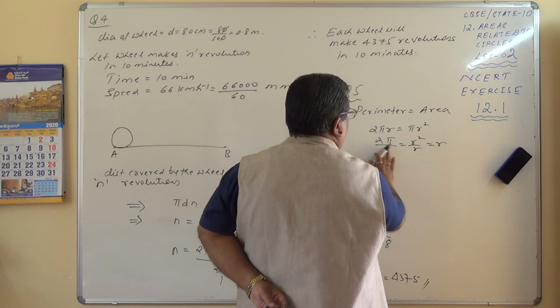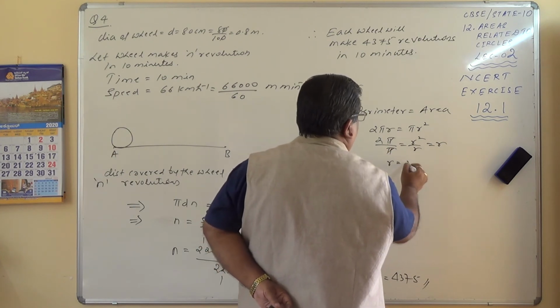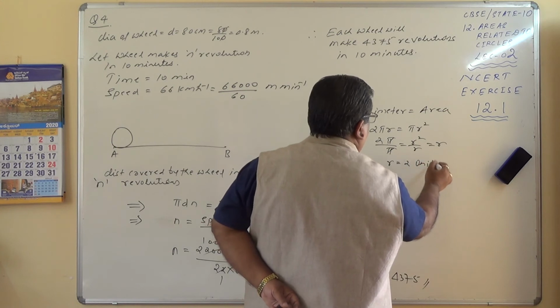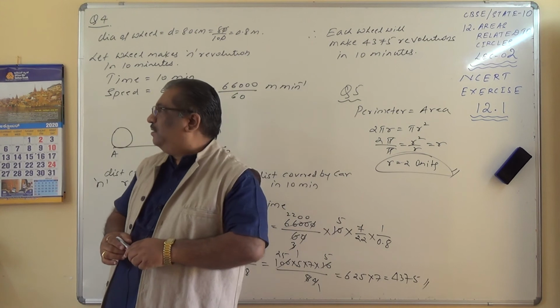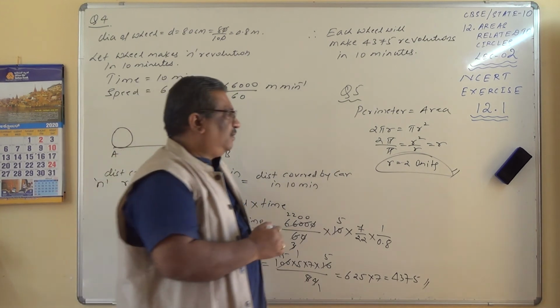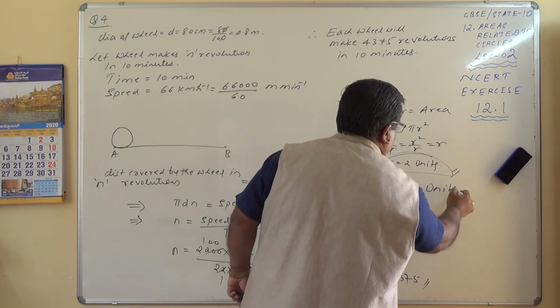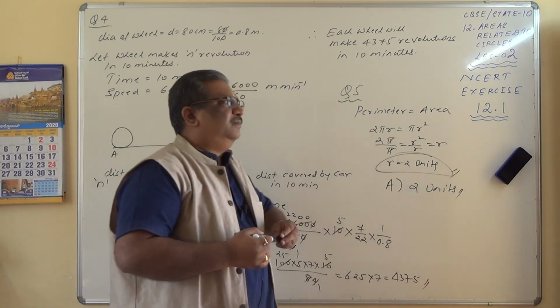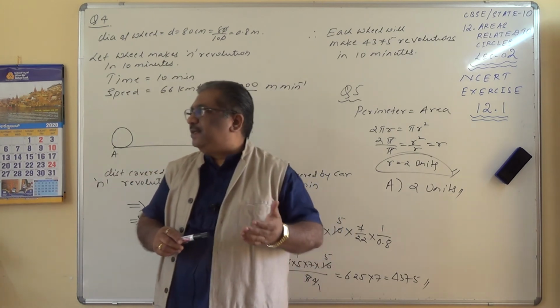So pi cancels, r equals 2 units. Let us check whether it is correct. It is A, 2 units. Answer A, 2 units.